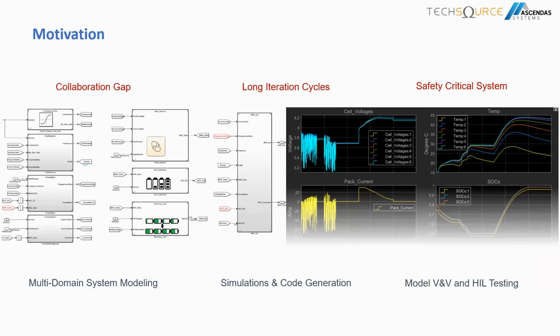This is where model-based design offers a clear advantage for simulation, code generation, and multi-domain modeling, all of which may shorten iteration cycles and improve your confidence before you have physical testing of your battery systems.